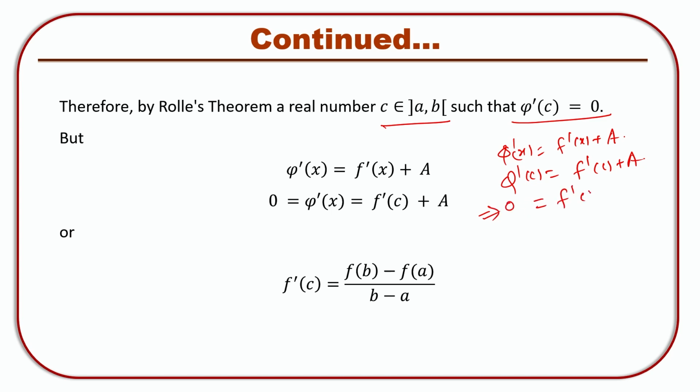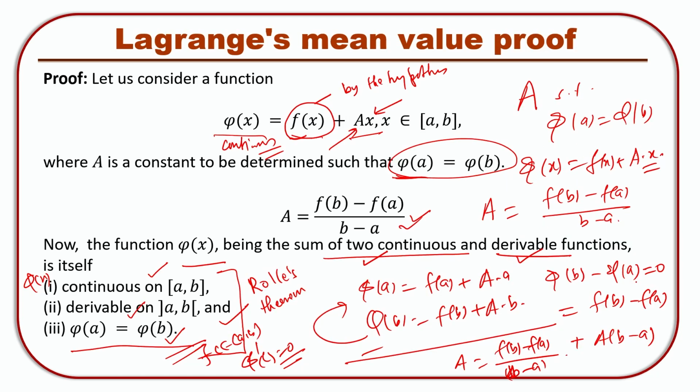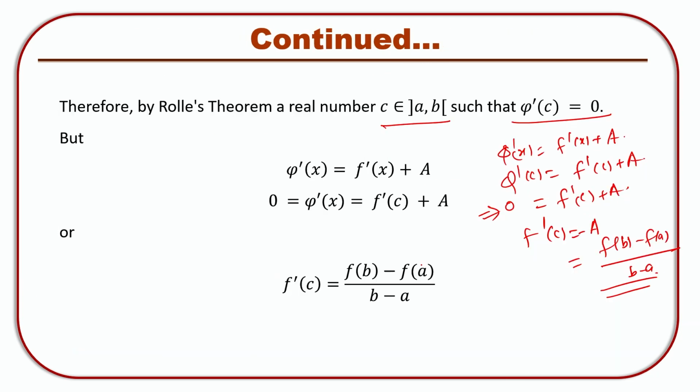So 0 is equal to f dash of c plus A. So f dash of c is equal to minus A, and that will be f of b minus f of a divided by b minus a, as we had A here. So that means f of b minus f of a divided by b minus a.